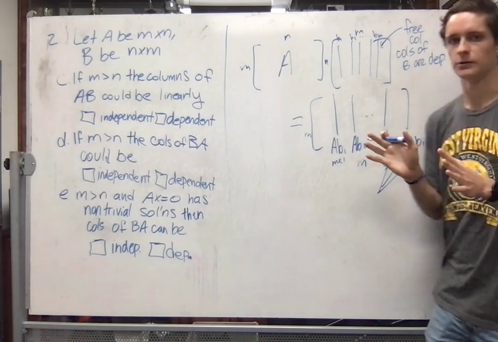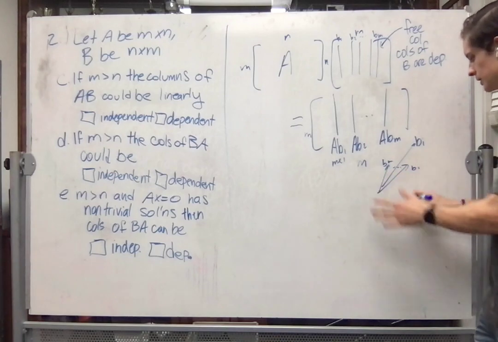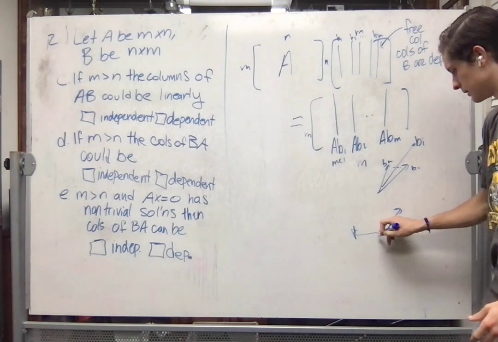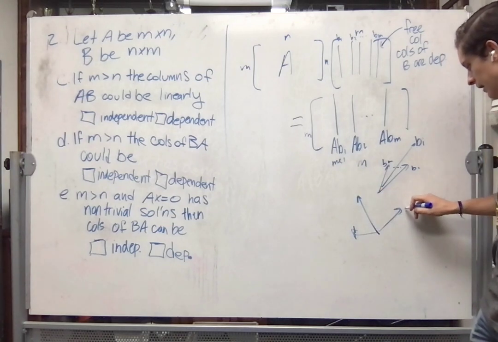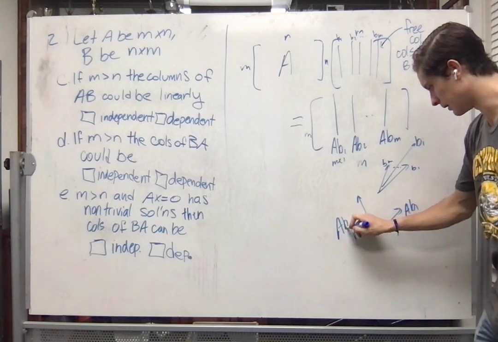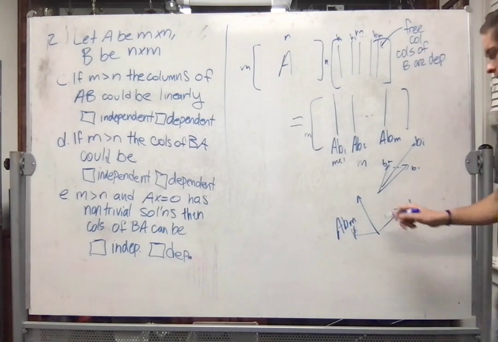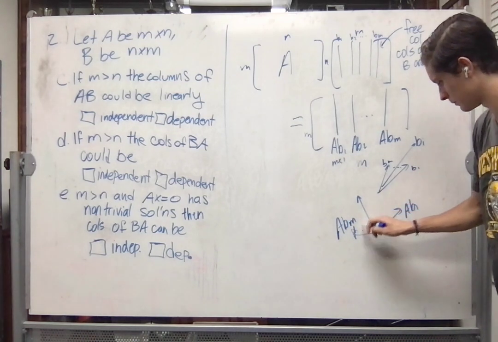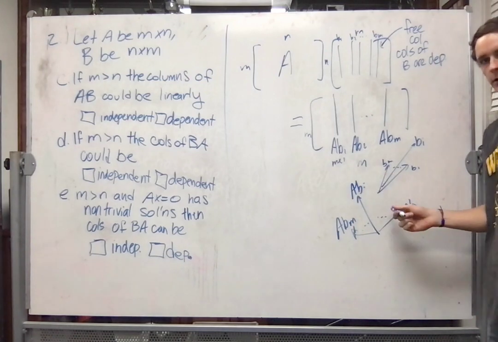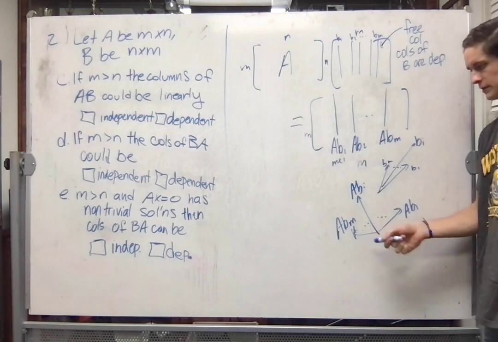The answer is no. The vectors are all going to look different afterwards, this would be AB1, this would be ABm, but ABi is still going to be a linear combination of the previous guys.